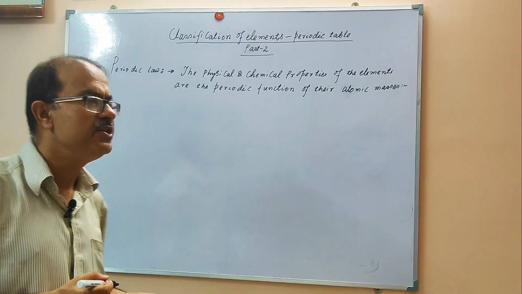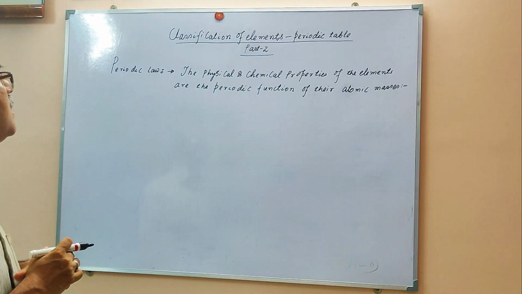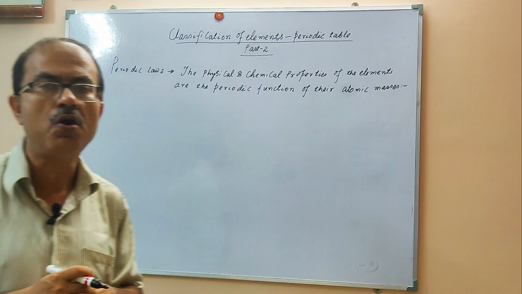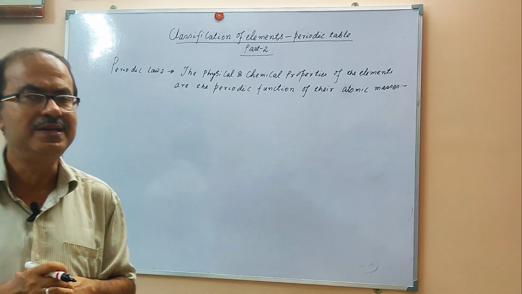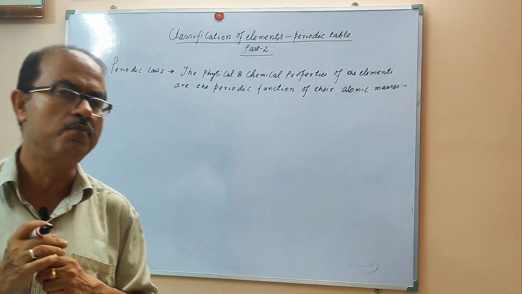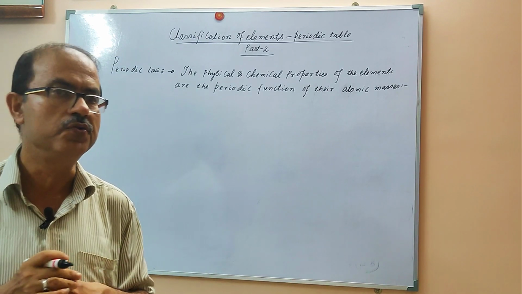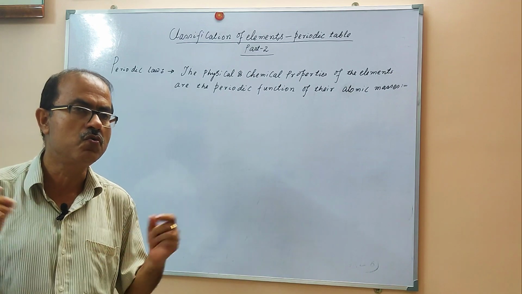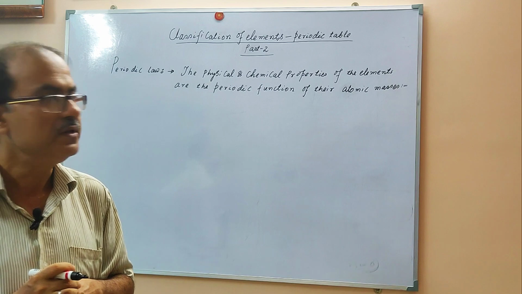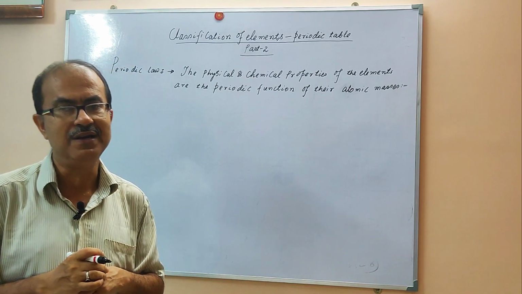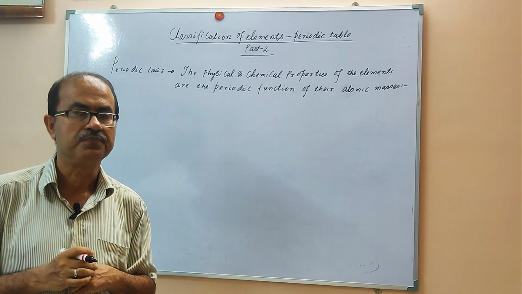The periodic table is based on this law. The periodic table of Mendeleev is very close to the modern periodic table that we will discuss in later videos. There is a very close correlation between Mendeleev's periodic table and the long form periodic table.